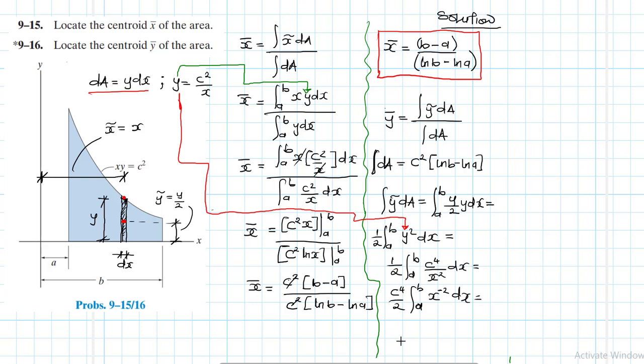If we factor this out, it becomes c to the power 4 divided by 2, and then this becomes equal to x to the power negative 1, because we're adding a 1, divided by negative 1, and then we have the integration from a to b.